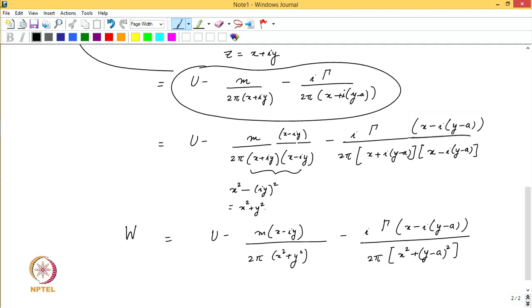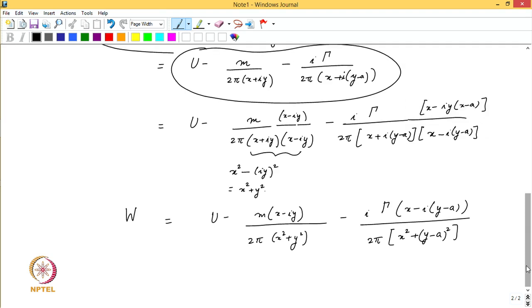This is W. Now that iota is only in the numerator, I can separate the real and imaginary parts. If we were just writing the real part, we get u minus m x by 2 pi times x square plus y square, minus, now if you notice from the second expression here, the real part will come when iota gets multiplied by iota, which will make it minus 1.